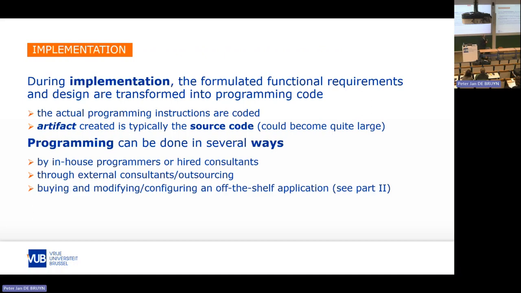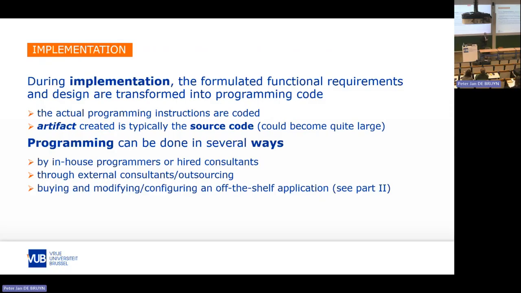Several ways to do that. You could have in-house programs, you could hire external people, consultants. You could have external companies doing that for you, having outsourcing. Or, as we said before, probably at the end of the analysis phase, when you make the analysis of your processes, when you make an indexation of all the requirements that you have, it might be the case that you say, well, our processes are close enough to an existing off-the-shelf application, or we are willing to adapt our processes so that they closely align to an application that already exists, except for those processes which provide us a competitive advantage.